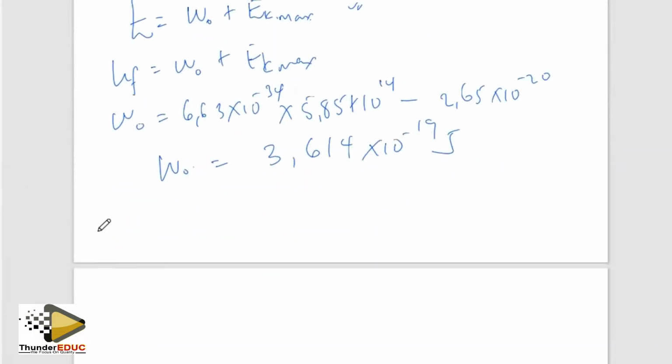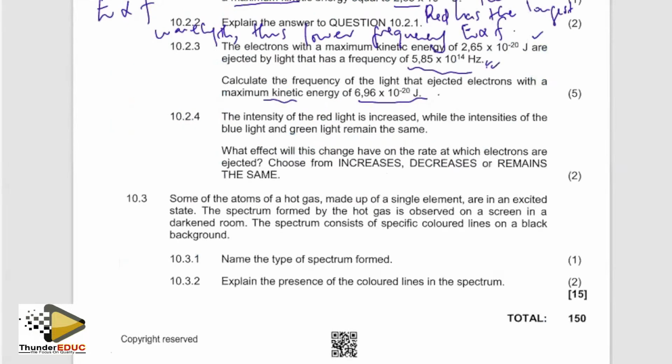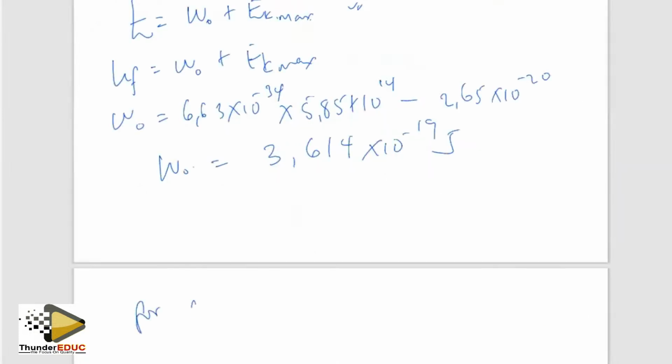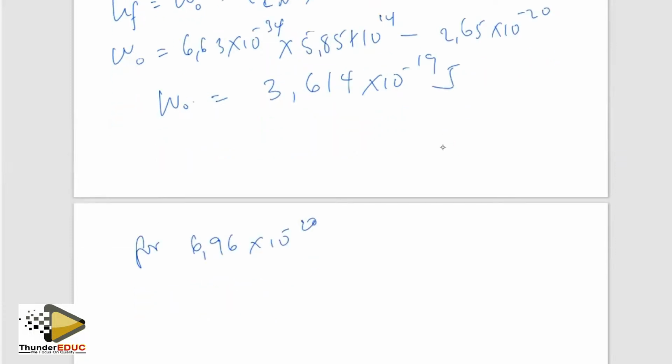Then I'll look at the other case, where the maximum kinetic energy is 6,96 times 10 to the negative 20. So we need the frequency. From that same formula, we can say hf is equal to W naught plus EK max.